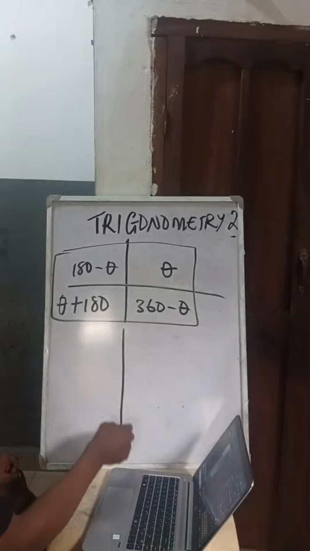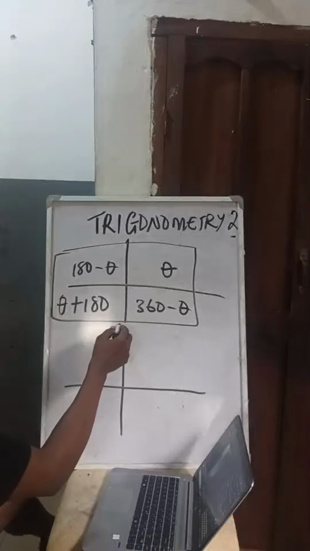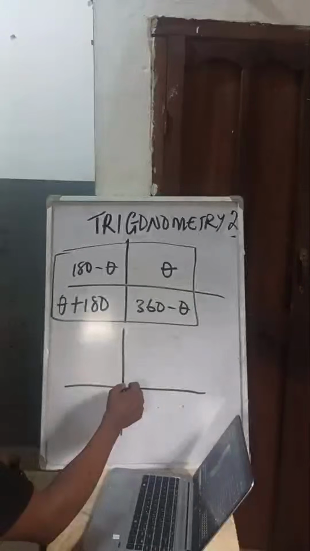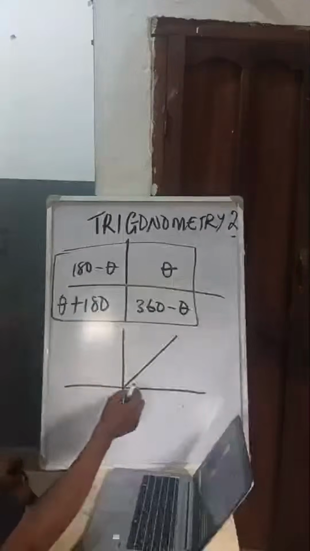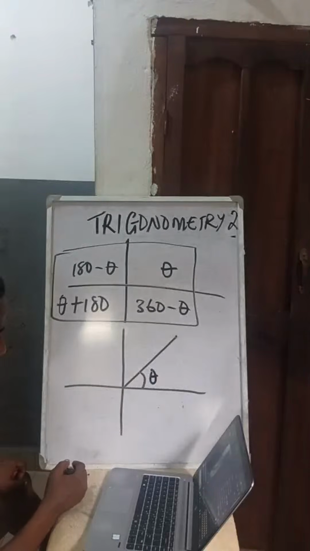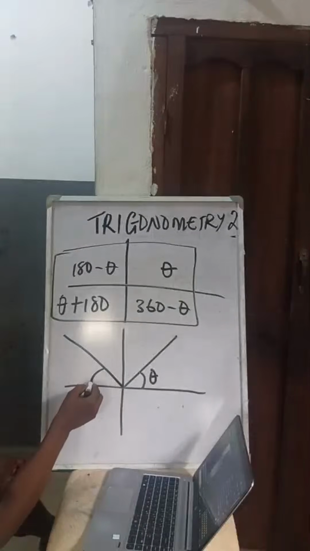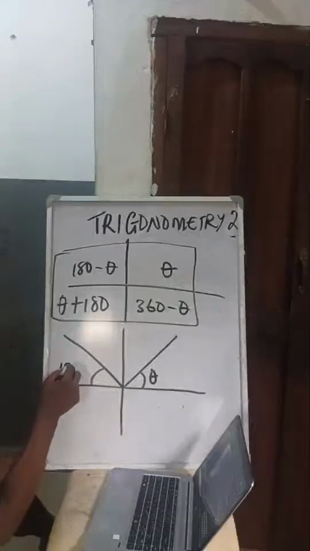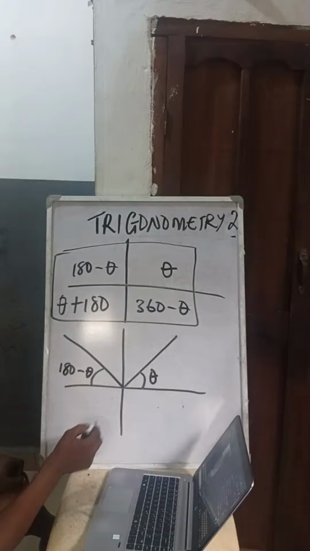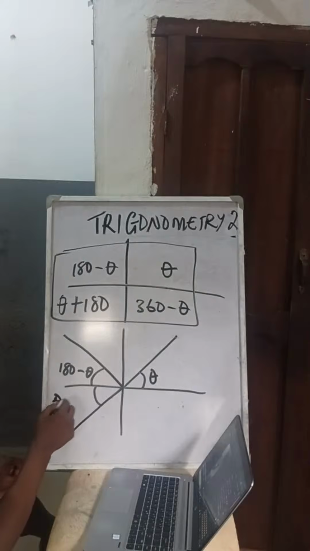When we talk about quadrant, let's say angle theta, there is theta, and we have another one here. There is 180 minus theta. We have another one here. There is theta plus 180.